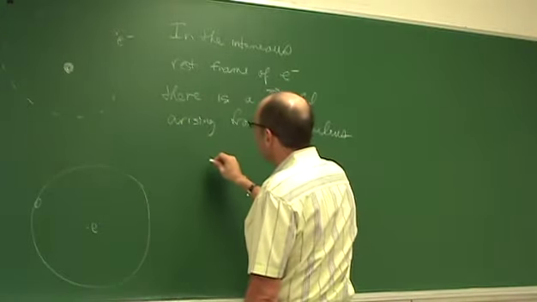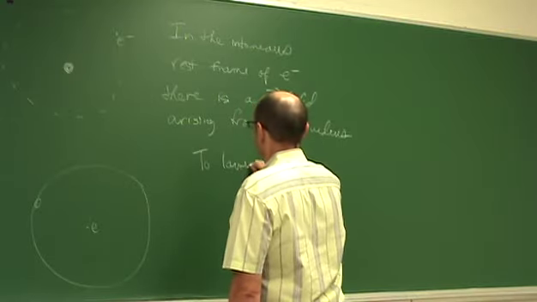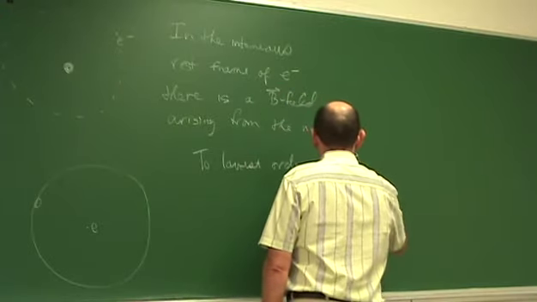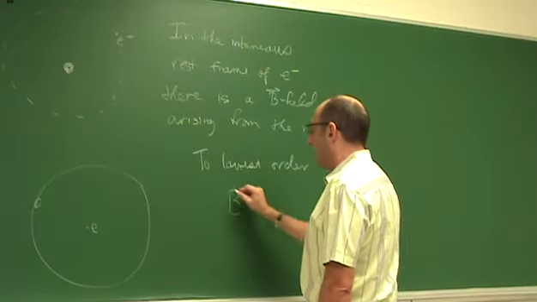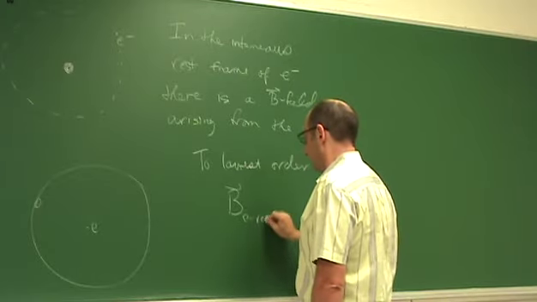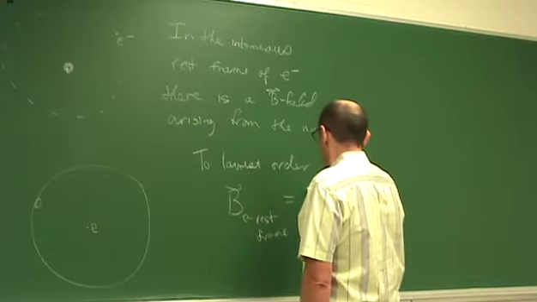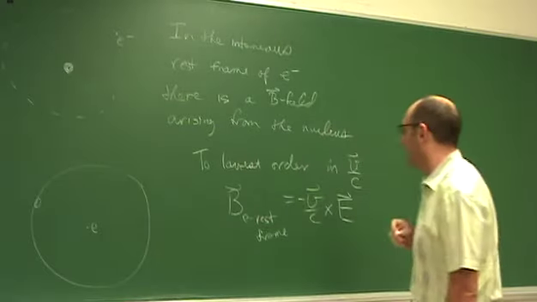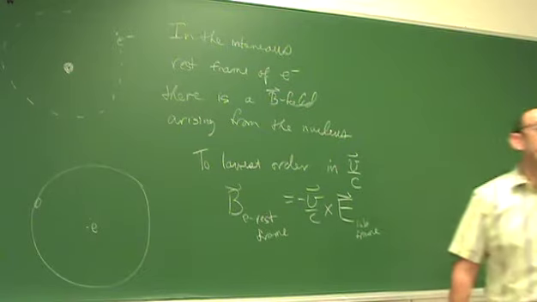And what one finds, to lowest order in v over the speed of light, is that the magnetic field in the electron rest frame is minus v over c cross E in the lab frame. In the lab frame, there is no B field.